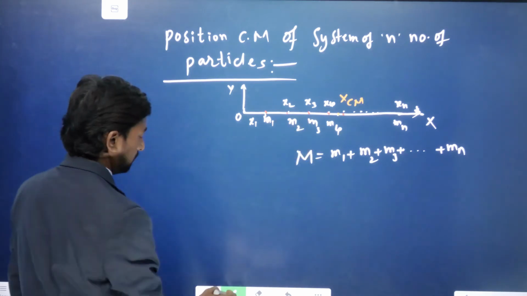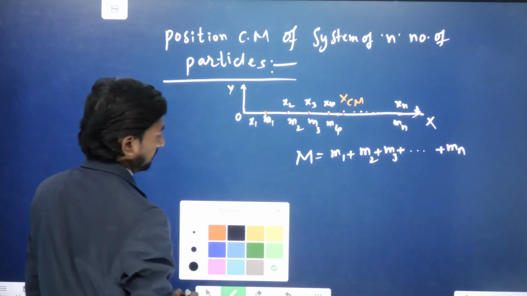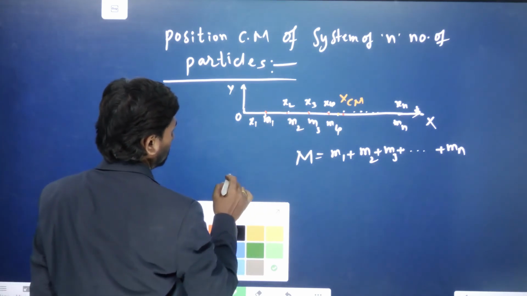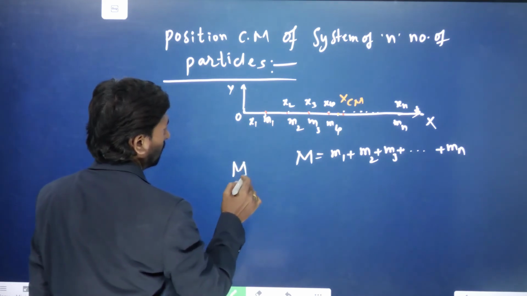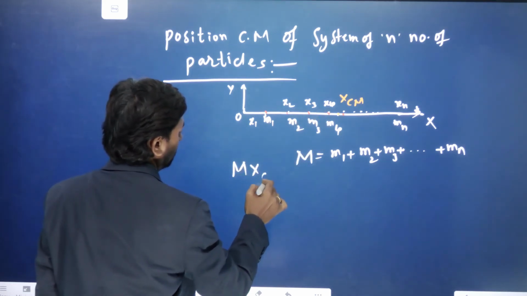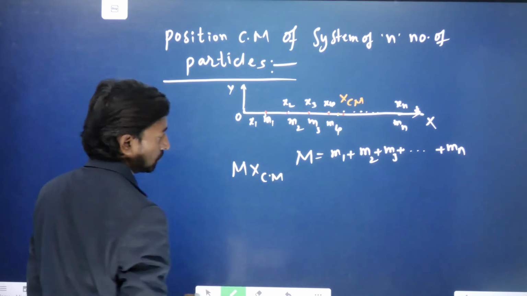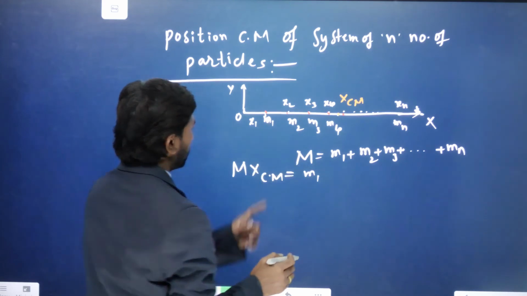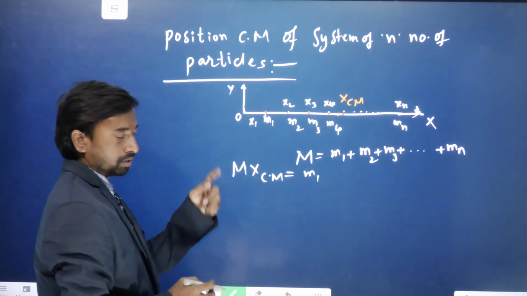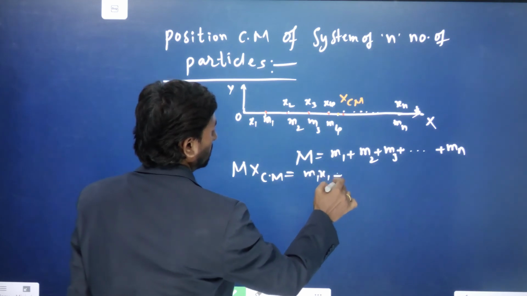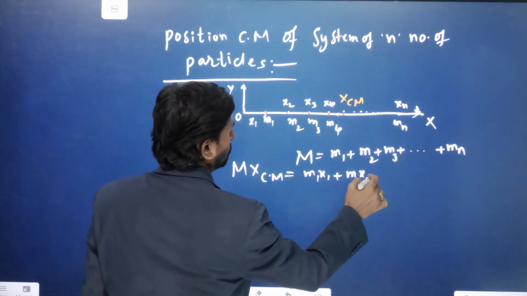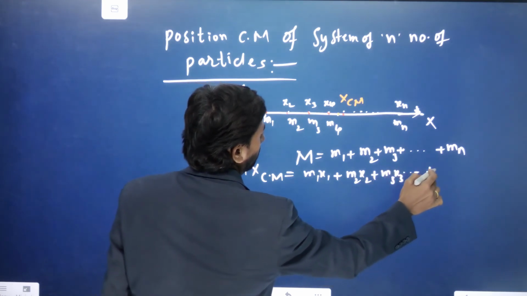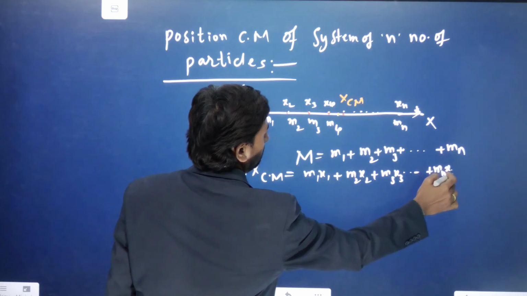Now from the principle of moments we can write: the total mass M times the distance xcm is equal to m1 times the distance of this particle from the origin, x1, plus m2 x2 plus m3 x3, and so on up to plus mn xn.